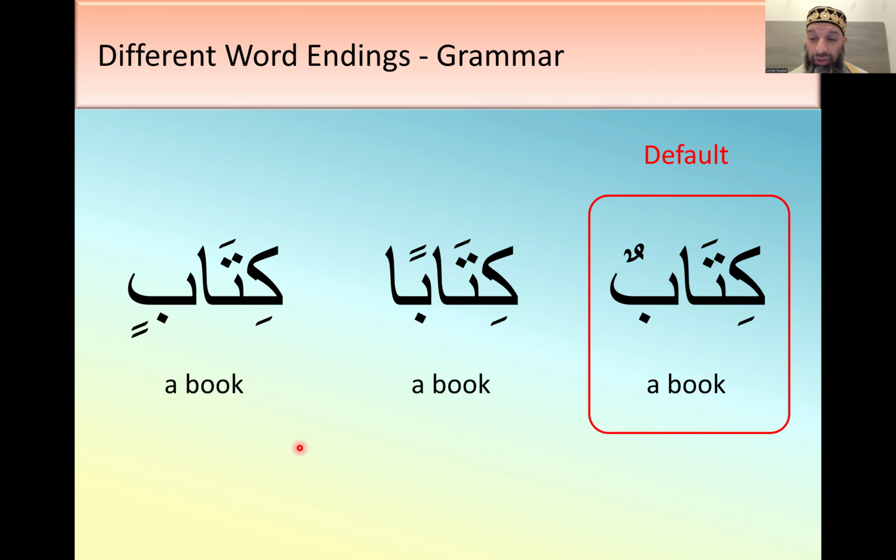If masjidun means a masjid, what does masjidan mean? More precisely, a masjid, you need to write 'a' with it as well. So if masjidan means a masjid, what does masjidin mean?